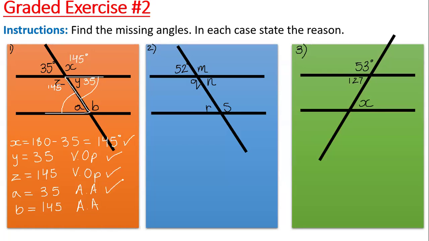Any other volunteer for number two? Who's going to help me with number two? Laura, do you want to help me with number two? Yes, sir. Okay, perfect. What do you have for M? I didn't do M yet.